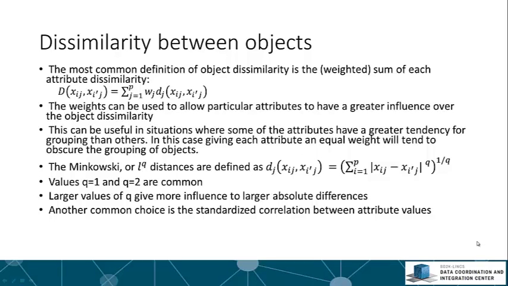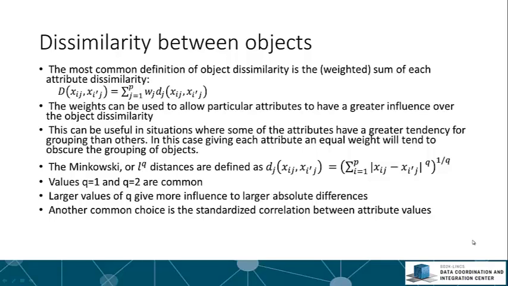Very often this is weighted such that different attributes contribute more or less to the overall measure of dissimilarity. This is to allow particular attributes to have a greater influence over the perceived object dissimilarity. This, for example, can be useful where particular attributes are more useful in discriminating between groupings of the objects than other attributes.